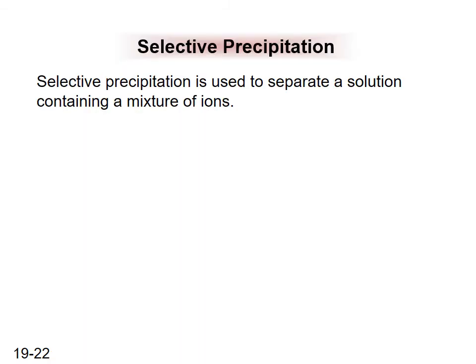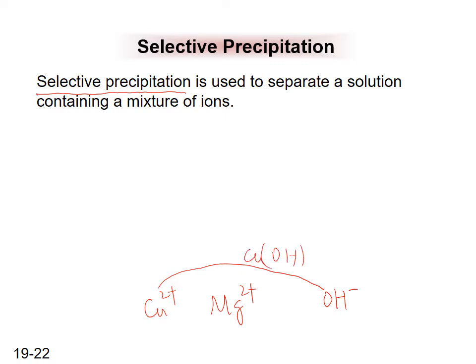Sometimes we have a mixture of ions and we can separate them by selective precipitation. For example, when we have a mixture of copper ion and magnesium ion, we can separate these two ions by adding hydroxide. This is because hydroxide and the copper ion form copper hydroxide, which has a Ksp around 10 to the minus 20, very small.